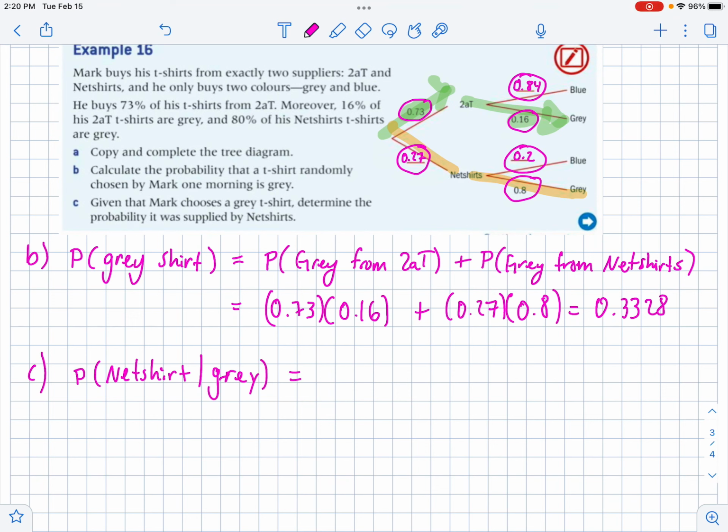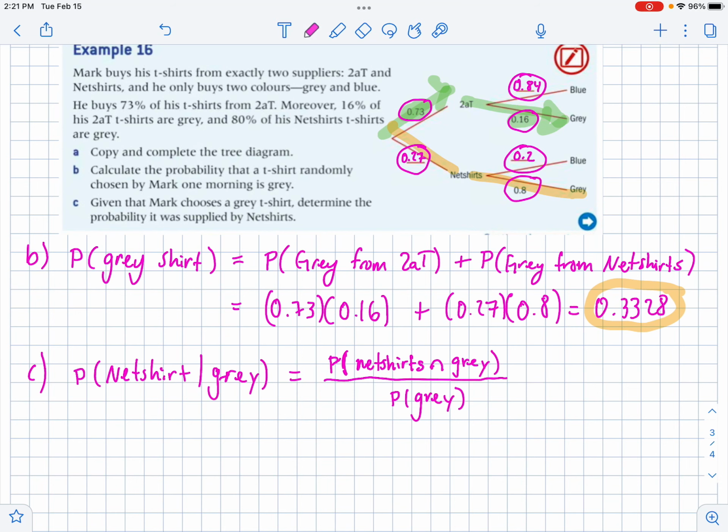Now, last class I showed you guys a formula on the board for this when we did that table investigation, where the probability of A given B is the probability of their intersection. So we'll say Netshirts intersection with the gray shirt, so a gray and net shirt, divided by the probability of B, which is probability of gray.